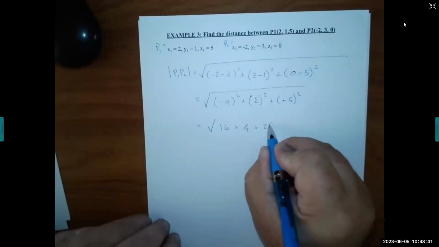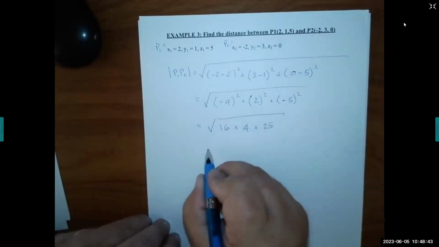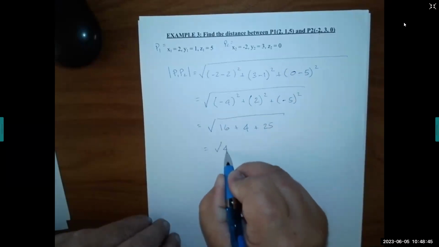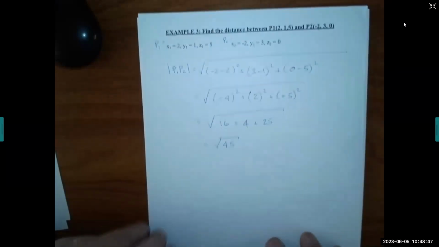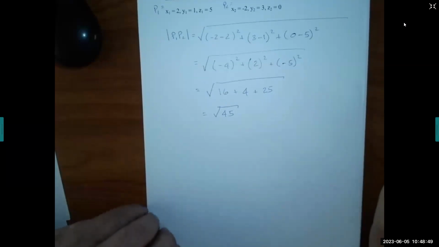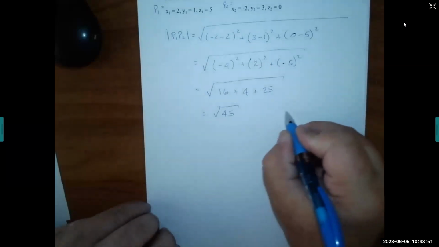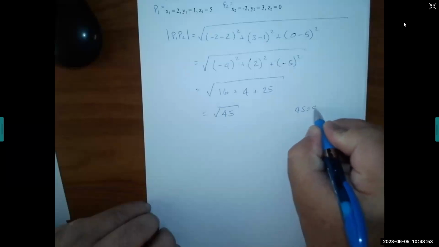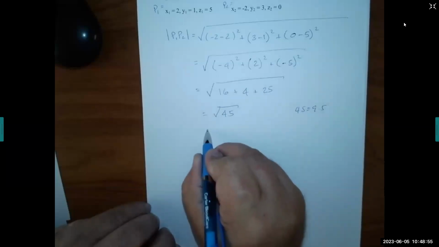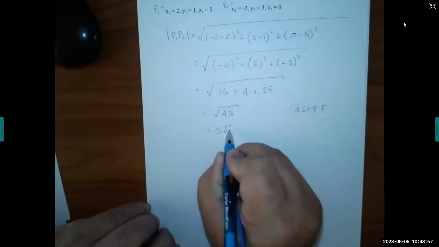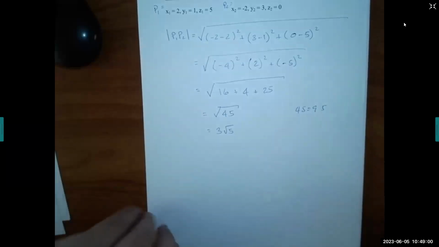Negative 5 squared is 25. That's 45, which is 9 times 5. Square root of 9 is 3. 3 root 5.